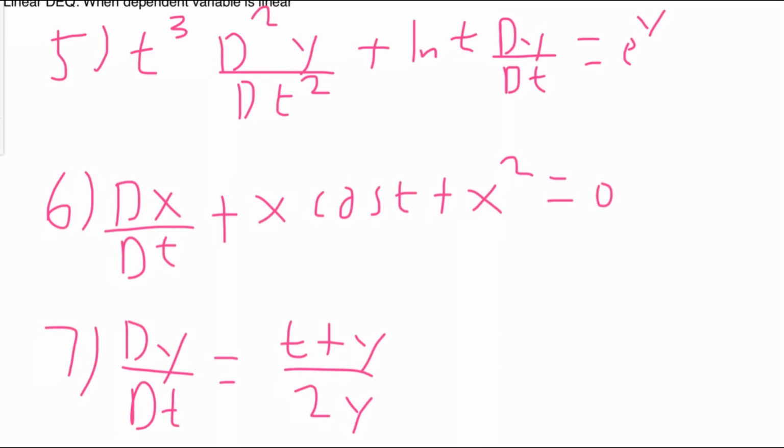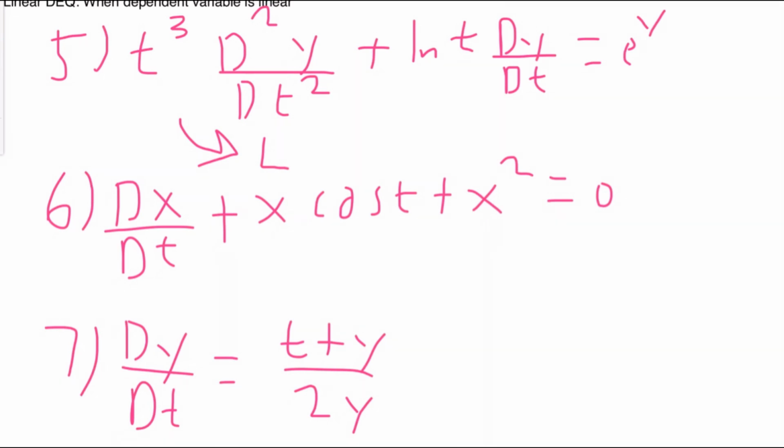Alright, here are some more examples to classify whether it's linear or nonlinear. So number 5, let's go term by term for good practice. t cubed times d squared y over dt squared would be linear. That's because y is the dependent variable in this case, because from dy over dt, if it's the numerator part of the derivative, then it'll be dependent.